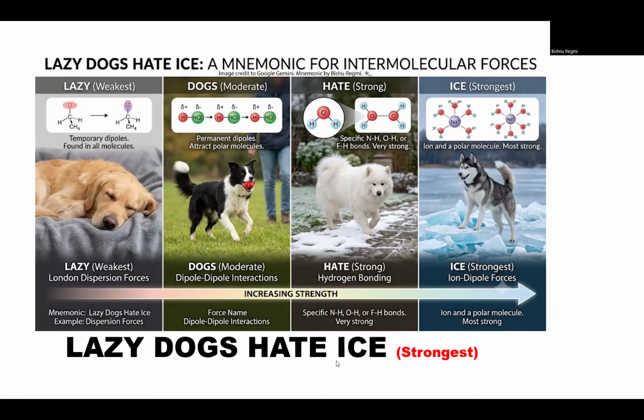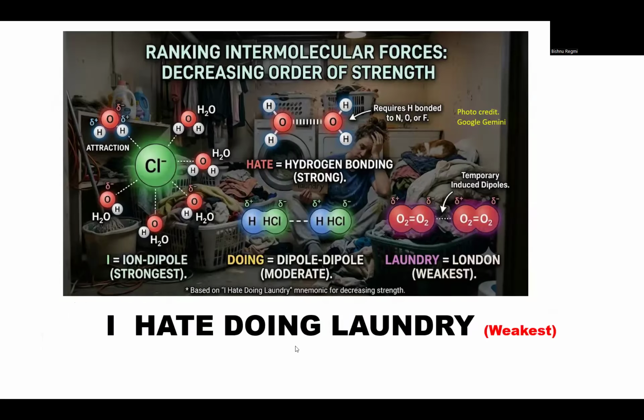So now the other sentence is: I hate doing laundry. Here I is referring to ion-dipole interaction, hate to hydrogen bonding, doing to dipole interactions, and then laundry is London dispersion force. So this is if we want to arrange from strongest force to the weakest force.